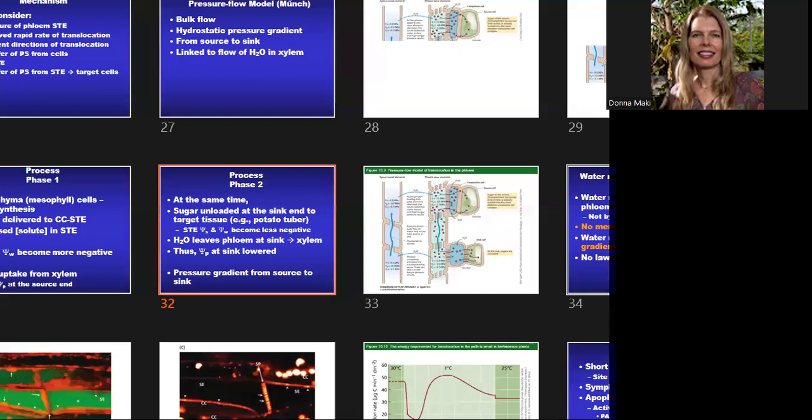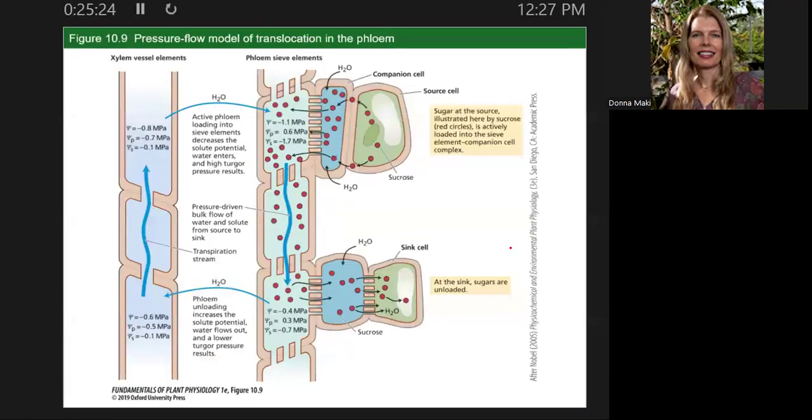When you look at this image a little bit more, I pointed out Wednesday that you got this weird funkiness with the overall water potential at the source versus the sink. And if you just look at that and think about water potential, you would say, wait a minute, water should actually flow backwards from the sink to the source based on water potential, going from less negative water potential to more negative water potential. But when you talk about water potential and water movement with osmosis, that's not happening here. We don't have osmosis happening here.